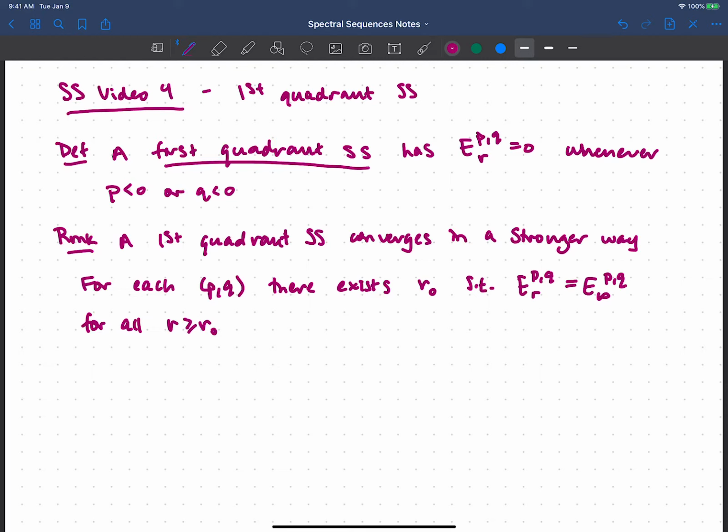That's the same as the colimit, which is what we have on the E infinity page. That's a little bit nicer, and we'll draw some pictures in a moment.